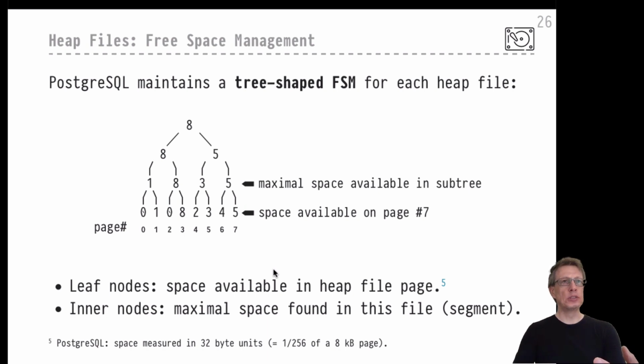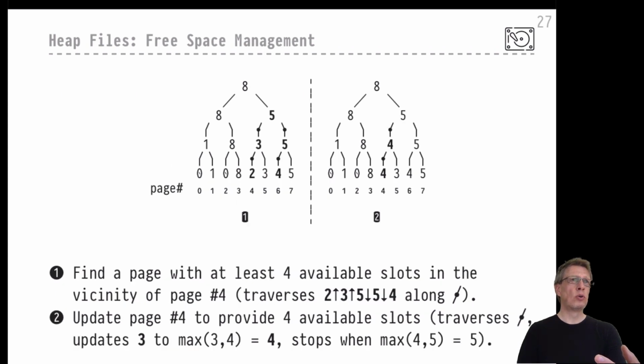How would the operations be implemented on these FSM trees? To find a page that has at least 4 available slots, that is 4 times 32 bytes of free space, in the vicinity of, say, page 4, which would be our entry point here, we would have to search the tree upwards until we find an inner node that indicates there are more than, say, 4 available slots in the vicinity.